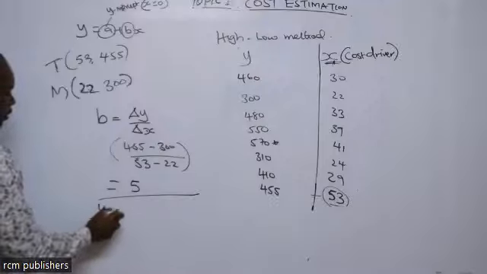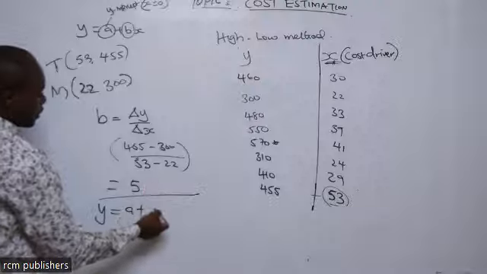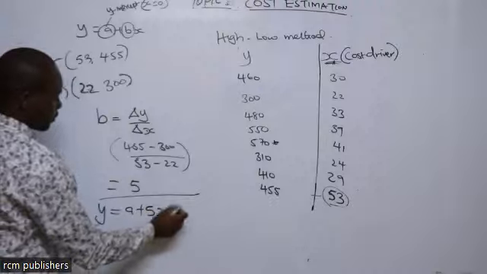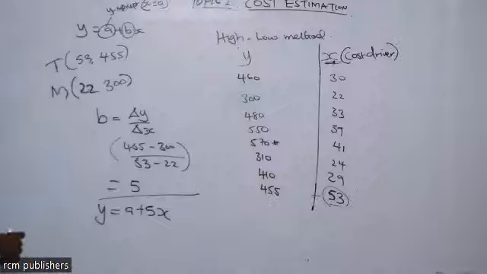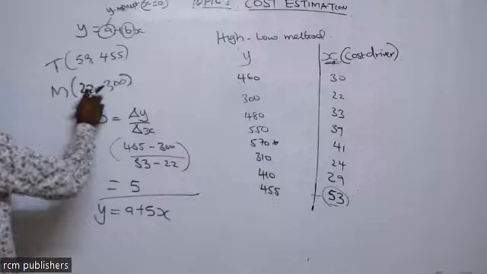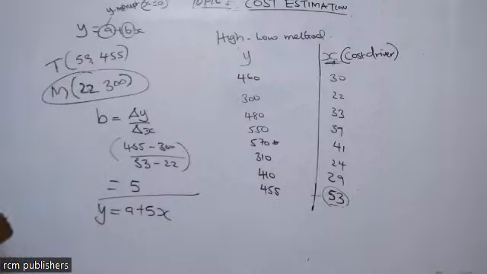Y is equal to A plus BX. B is 5, X. We take any pair, either this or this one here. Let's pick this one this time round.